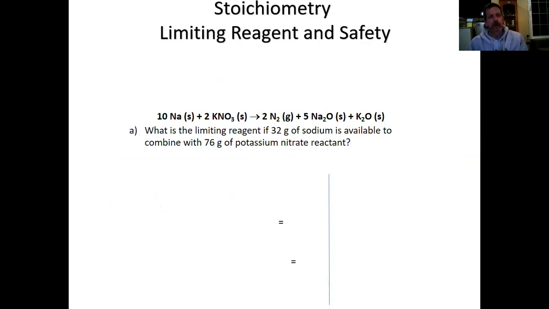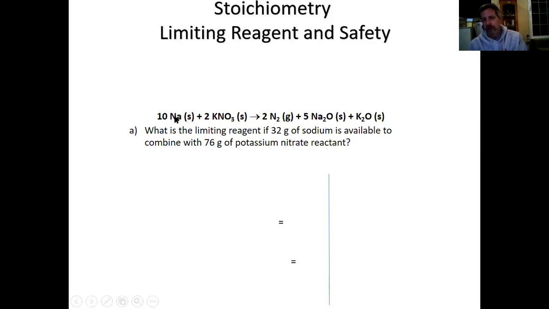So here we have a particular chemical reaction. We want to focus on what we call the reactants. The whole concept is centered around understanding that there's something called the limiting reagent, which is always on the reactant side. Whichever one of these two chemicals we run out of first, that's going to determine when we stop manufacturing product.